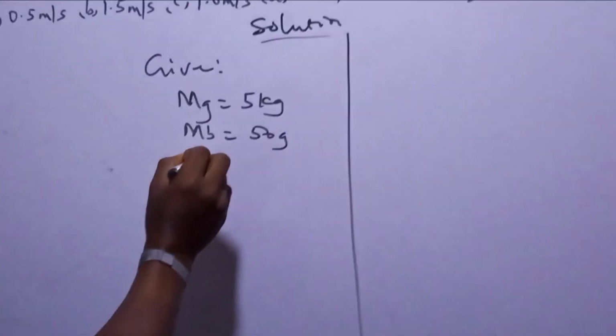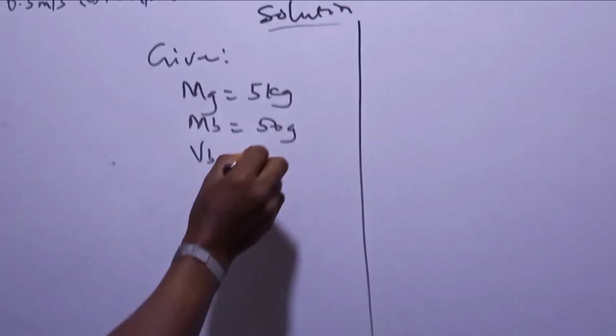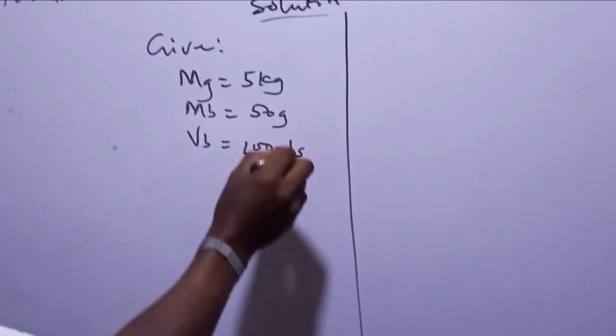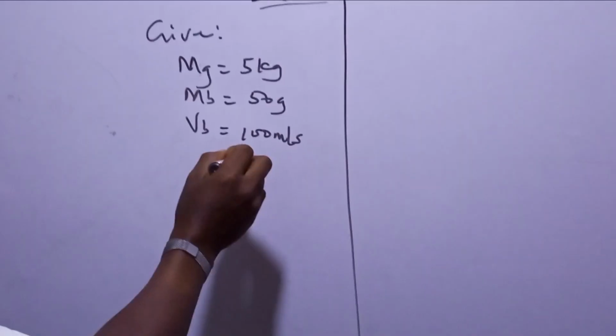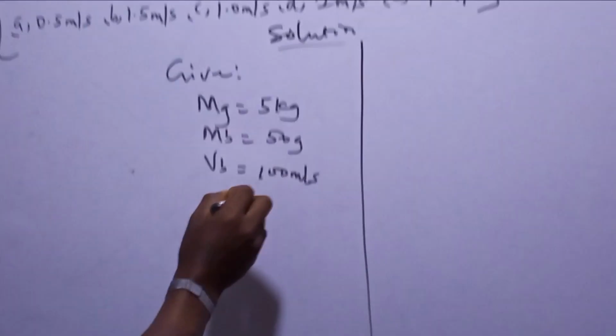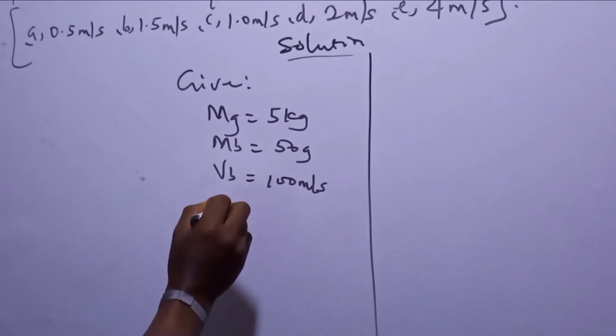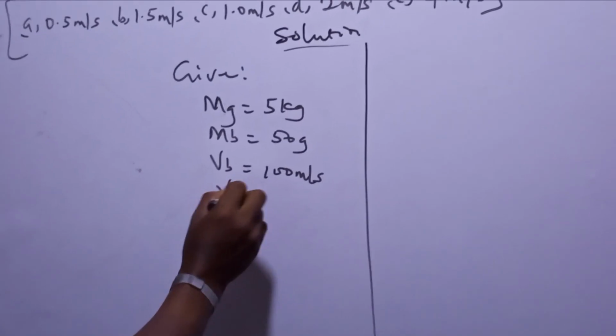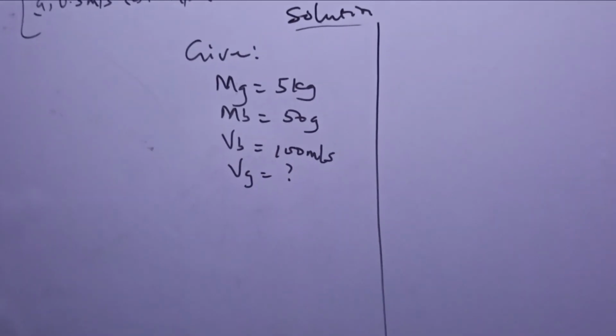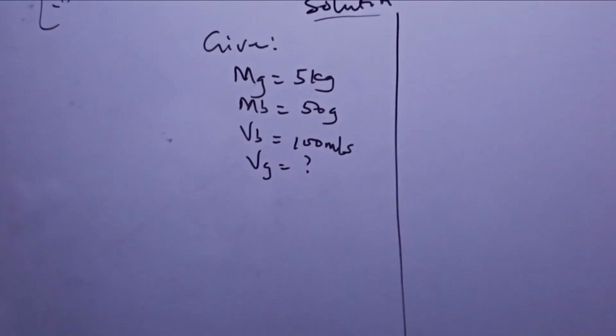Velocity of bullet is 100 meters per second. The velocity of gun is what we are looking for.